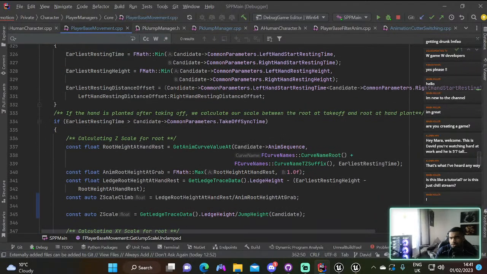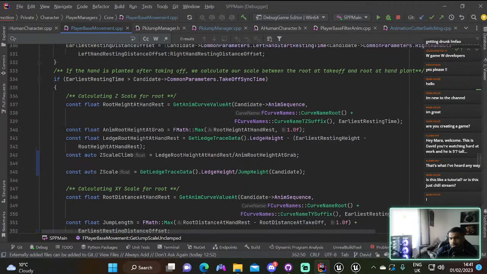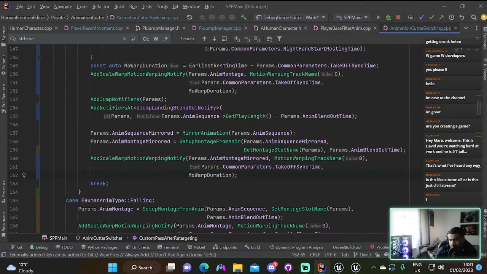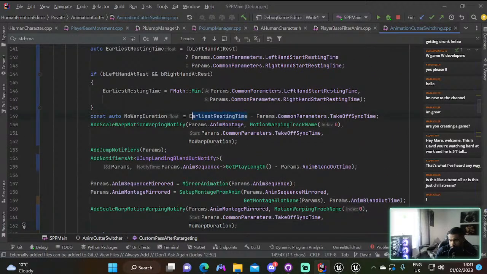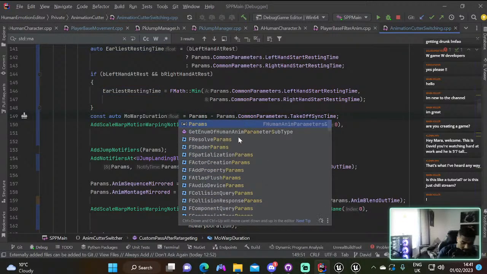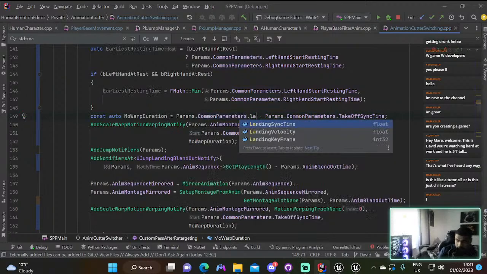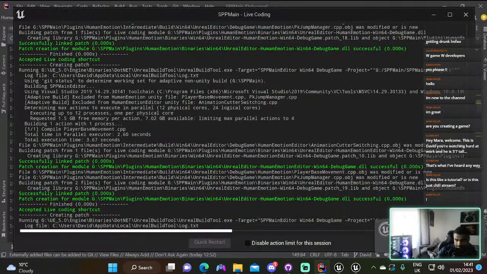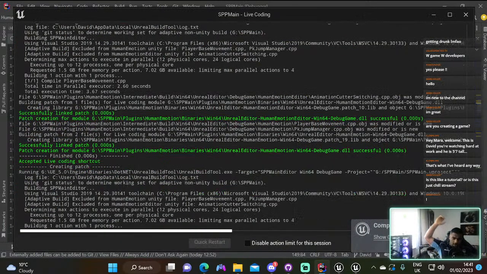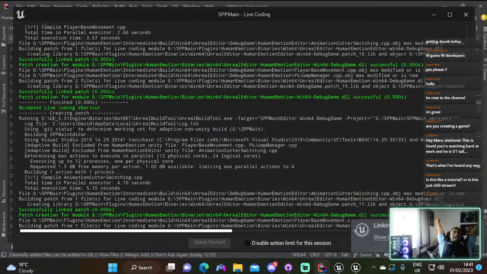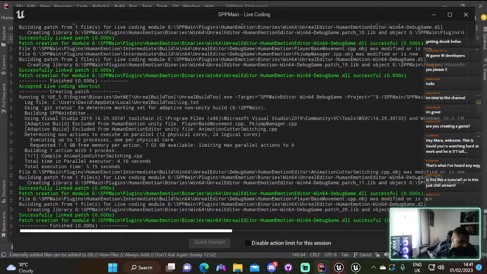Okay, so what do we think about all of this? I think we need one scale, and we have to seemingly scale from takeoff to landing.